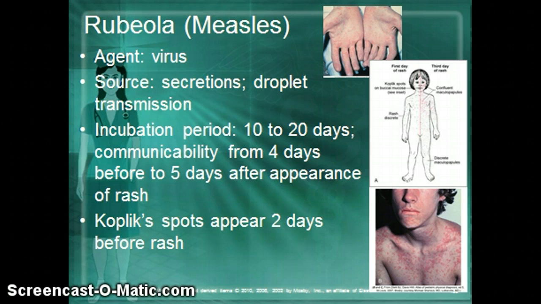With measles, or also rubeola, this is a virus, and additional information must be given as far as the vaccine information sheet, and that is required by law per the National Childhood Vaccine Injury Act of 1986.